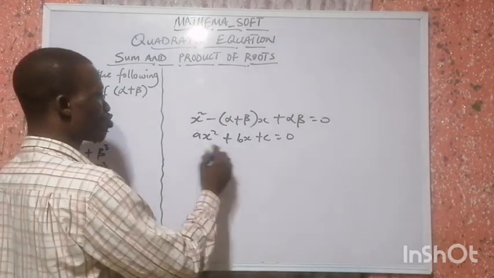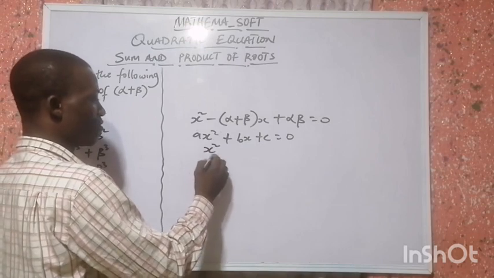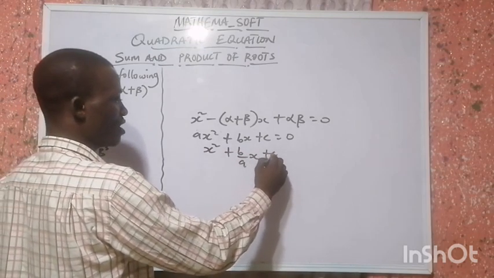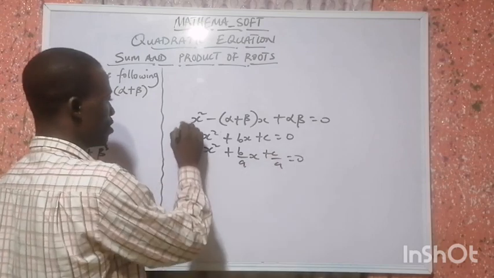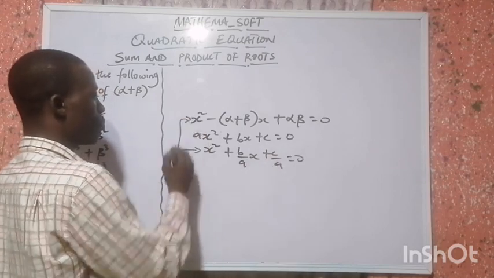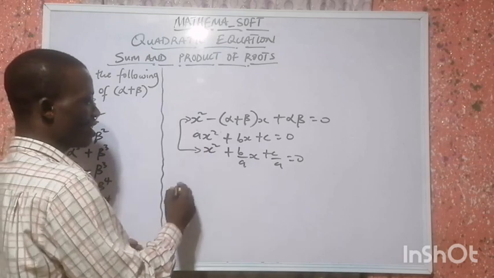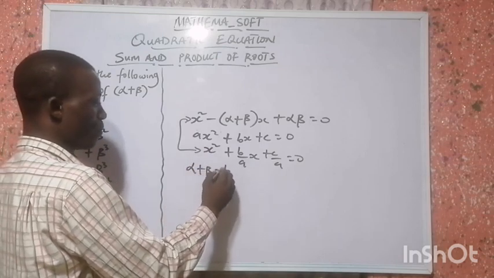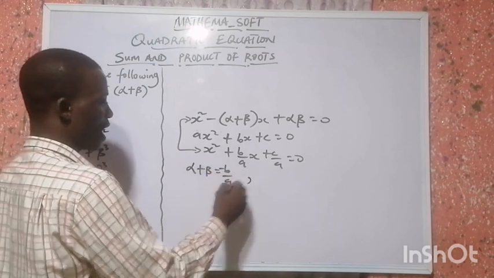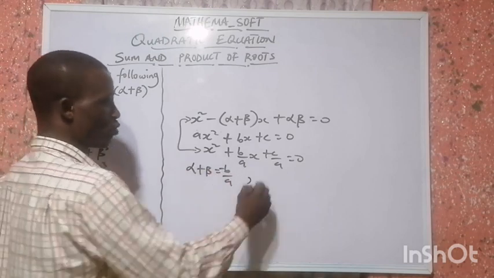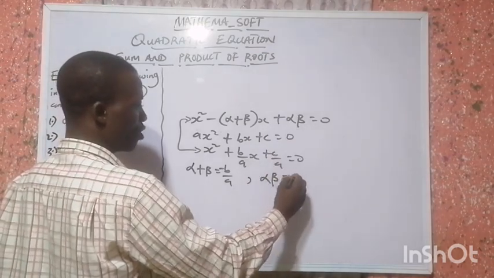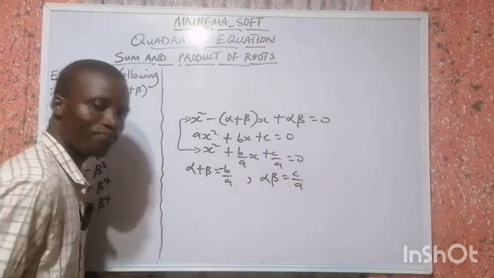So, dividing all through by a, we have x squared plus b over a x plus c over a equals 0. Comparing this with this, we could see that our sum of roots will be minus b over a, and our product, which is alpha beta, will be c over a.